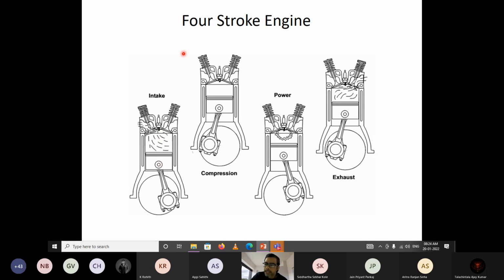I hope it is very clear that in a 4-stroke engine, one cycle requires 2 revolutions of the crankshaft or 4 strokes of the piston. Okay, so do you have any questions here?